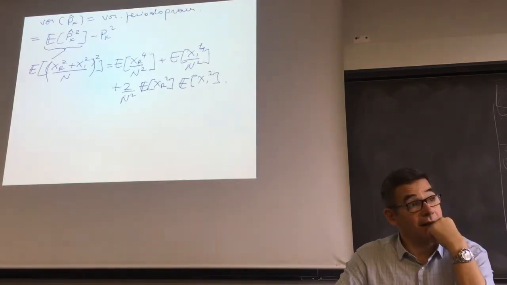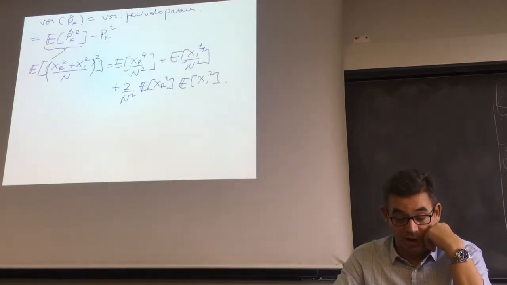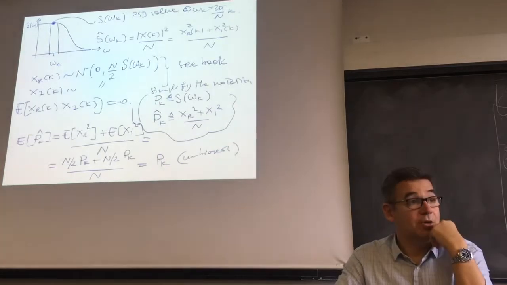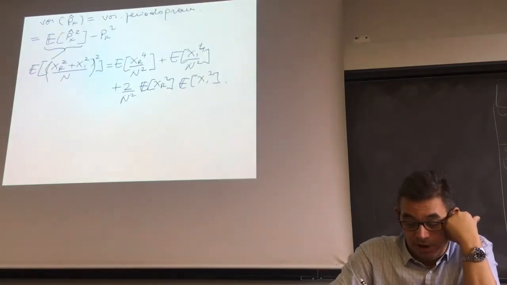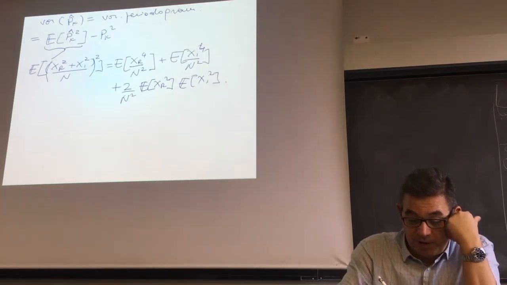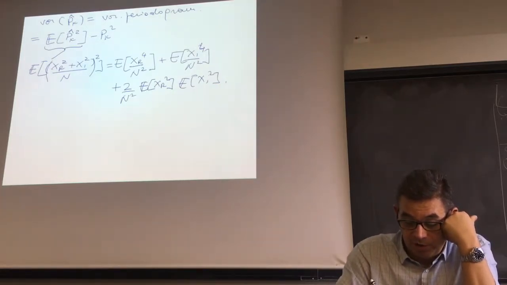Now, what is x real to the 4th power? x is Gaussian, okay? This is the property I'm using, I put it in a different color.